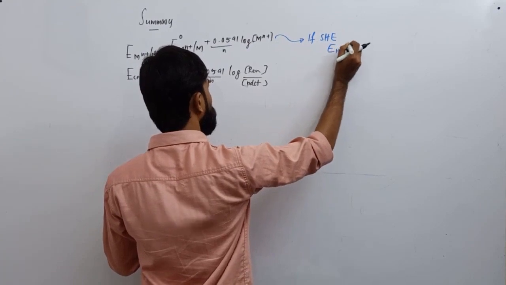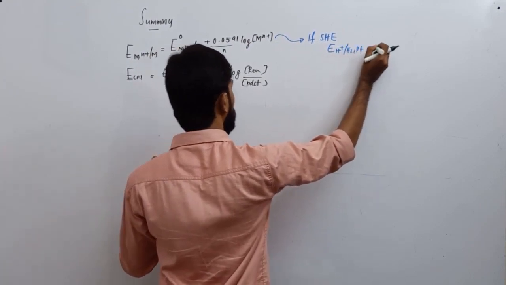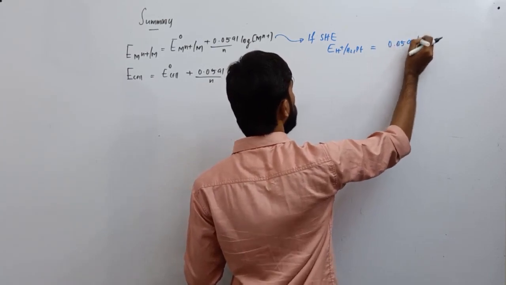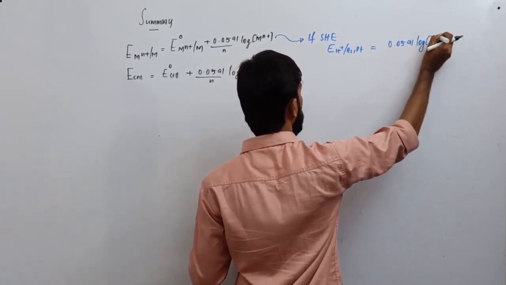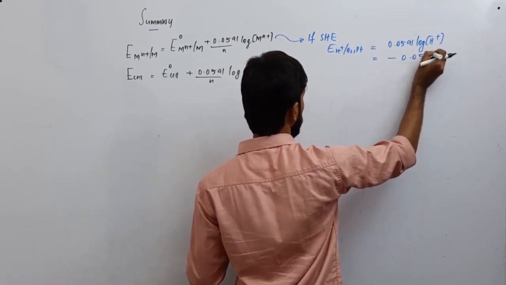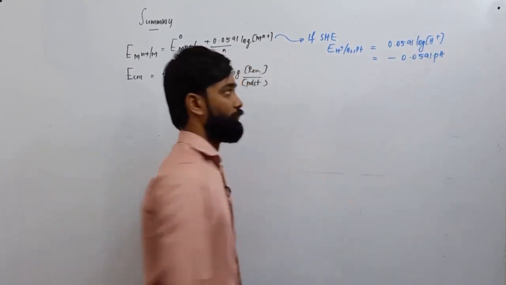Okay, and in case of concentration cell, and here if SHE, then E of H+ | H2, Pt will be equal to 0.0591 log H plus, or minus 0.0591 times pH of that solution.